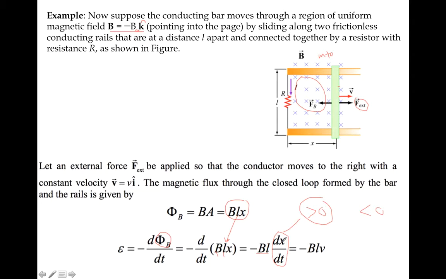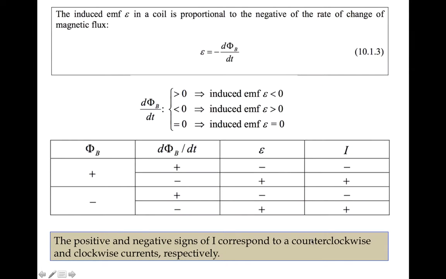If this is positive, positive multiplied by negative is negative, so the induced EMF is negative. My phi is positive and my induced EMF is negative, so that means my induced current is negative. Negative means counterclockwise.